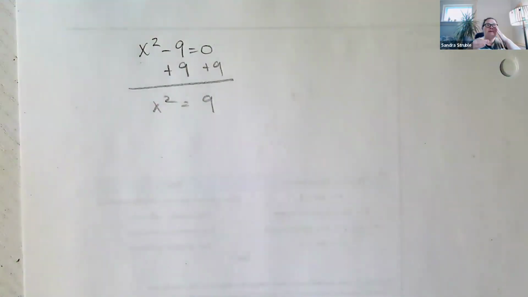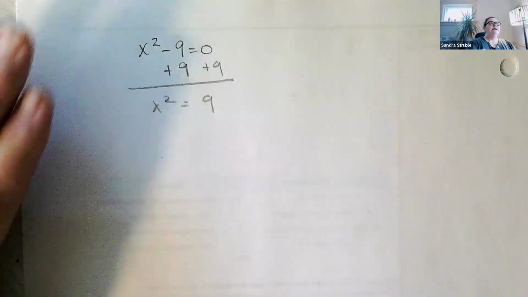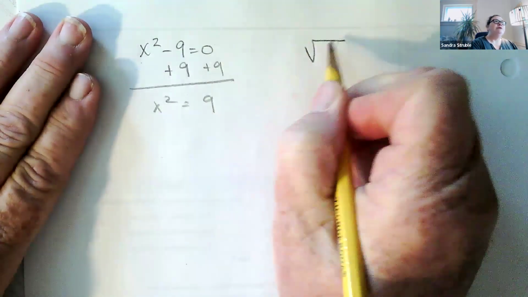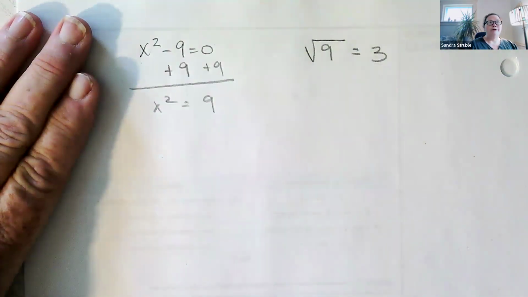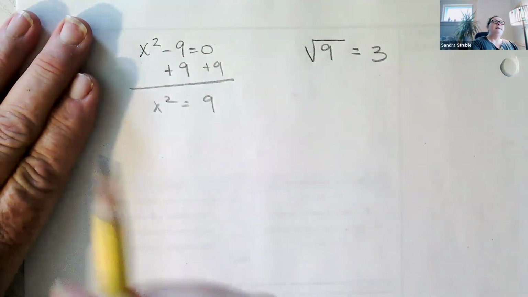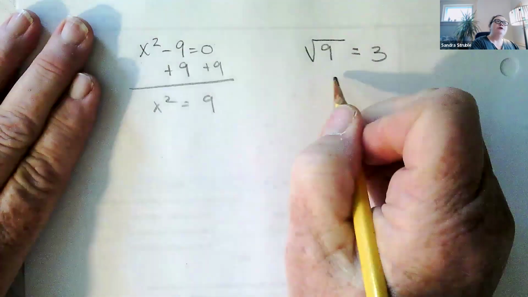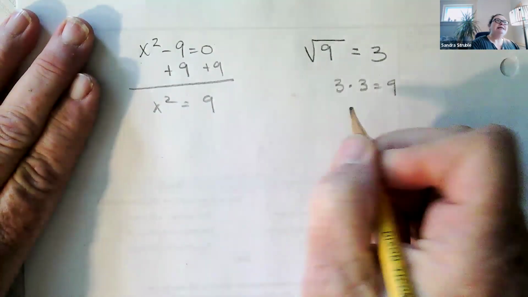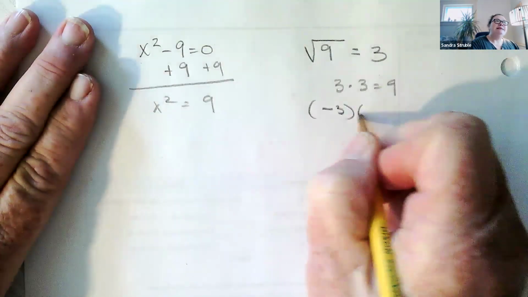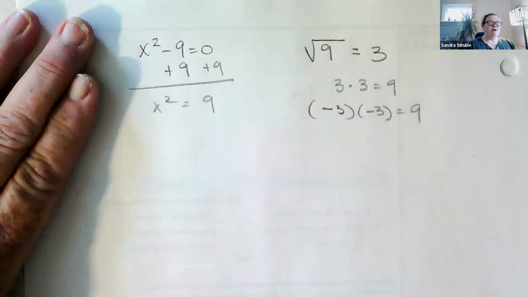Now, the opposite of a square is a square root. If I were to tell you to take the square root of 9, that is equal to 3. Period. Your calculator can do that. It will do it for you. But we know that 3 times 3 is 9. Here's the gig, though. Negative 3 times negative 3 is also 9.